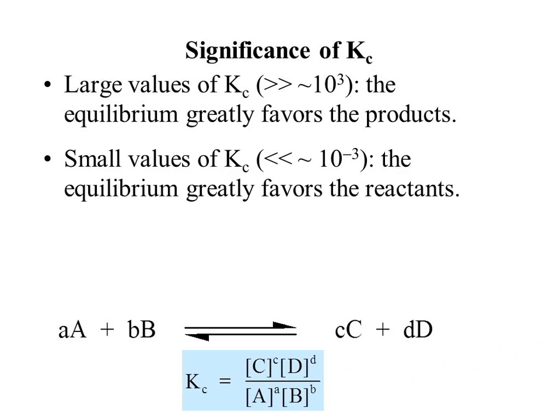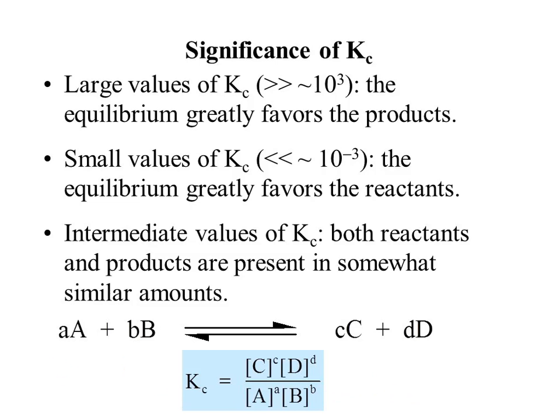Well, if Kc is small, and I'm going to show you some small equilibrium constants, then it's the opposite. If that's small, then basically you're dividing by a large number. Kc is small, that means that this is a big number, and that means that at equilibrium, the concentration of your reactants is pretty large.